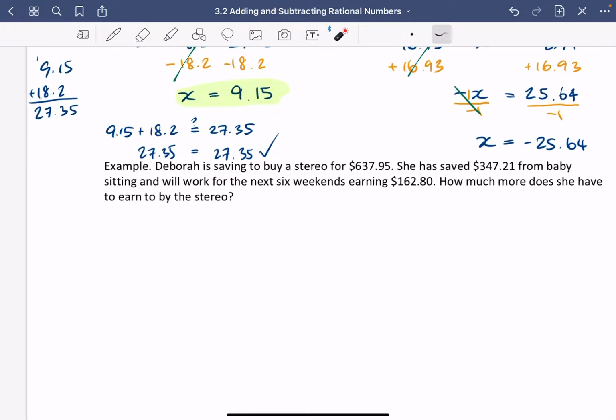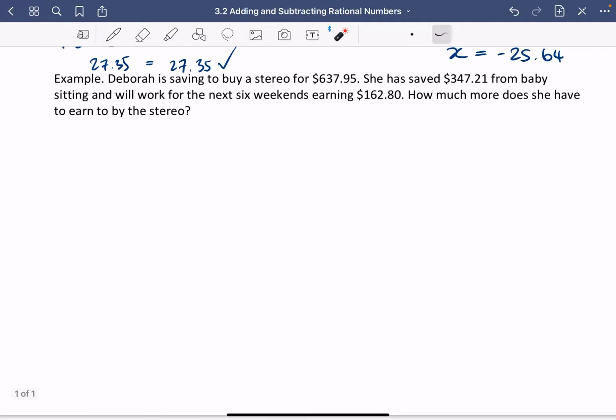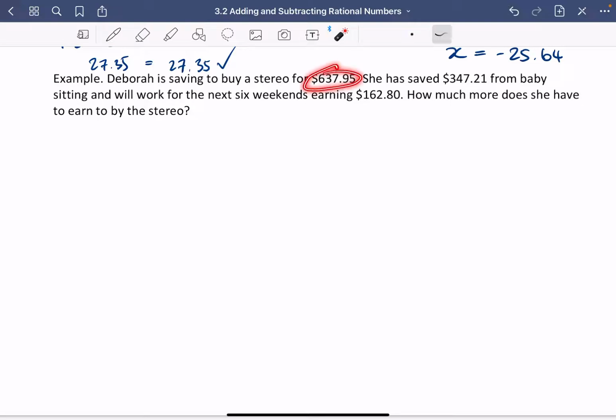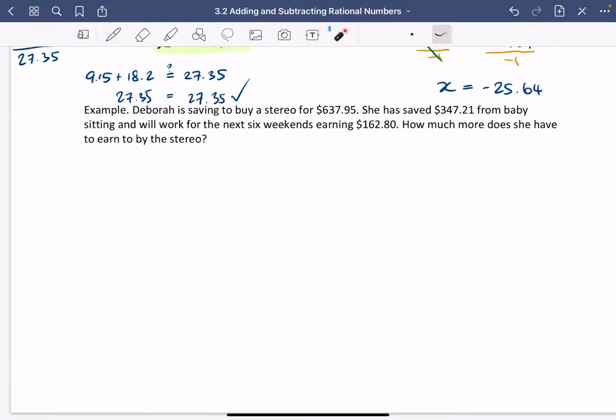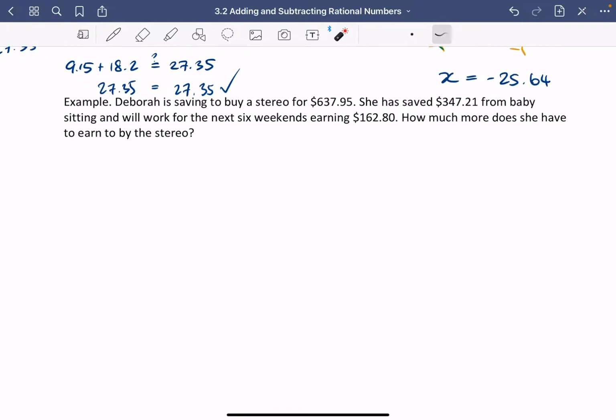Okay, last example is a word problem. It says, Deborah is saving to buy a stereo for $637.95, and she has saved $347.21 already.